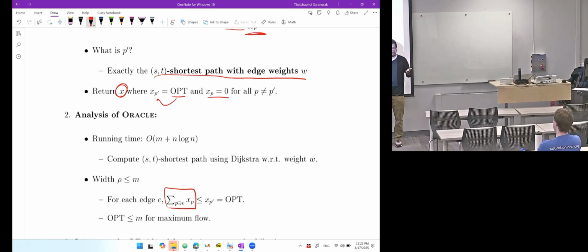So the maximum flow is at most the number of edges. So in the unit capacity case, opt is at most m, and you see that the width is at most m. It's not that great, but it's something that is polynomial.